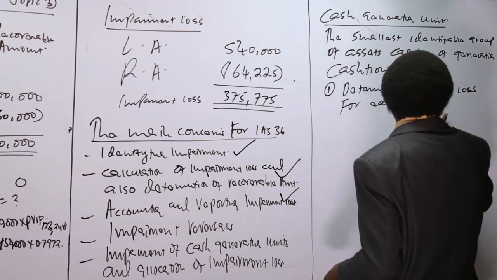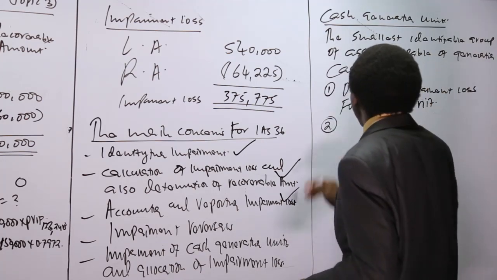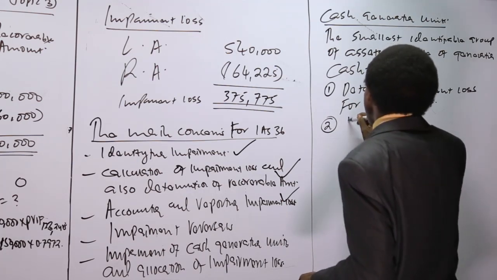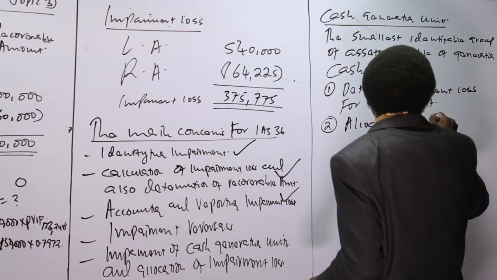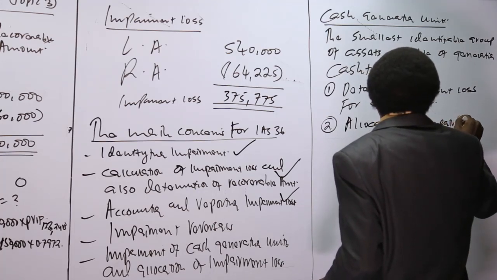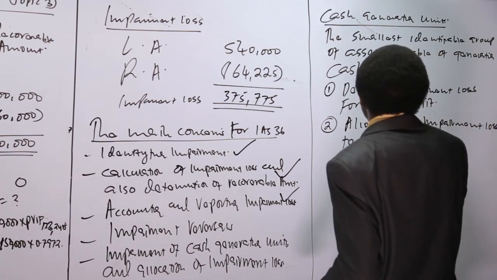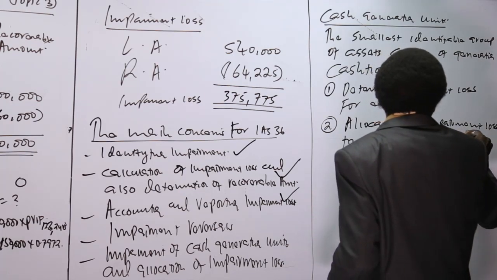Then we have 2, after determining the impairment loss, allocate the impairment loss to each unit accordingly.